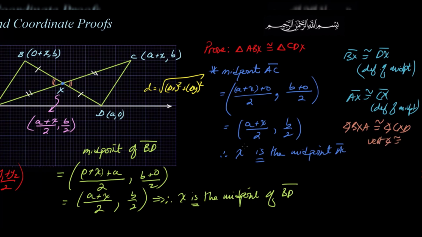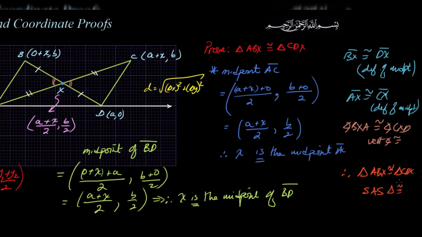So now we have everything that we need to make our big claim, and that is, therefore, triangle ABX is congruent to triangle CDX because of the side-angle-side triangle congruence postulate. Ta-da! And there we have it. So this is a very beautiful example where you can use algebra to prove a geometry problem.